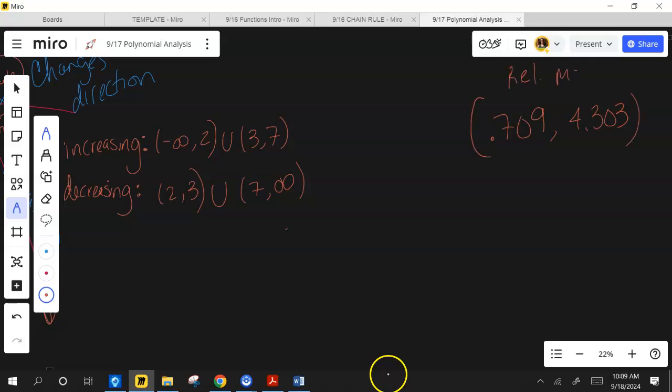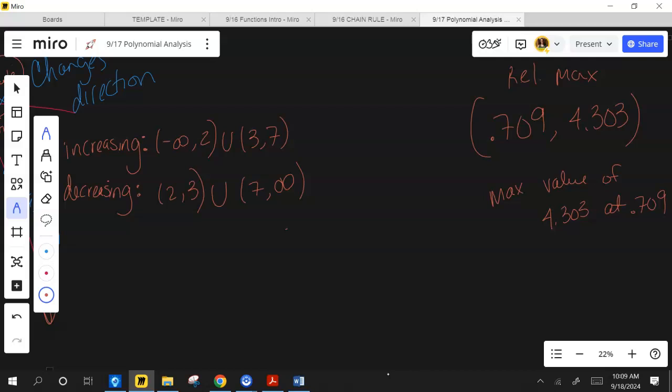Now, what I say is I have a max value of 4.303 at 0.709. Anytime I describe where, that's my x. Anytime I say function value, that's my y. Okay?